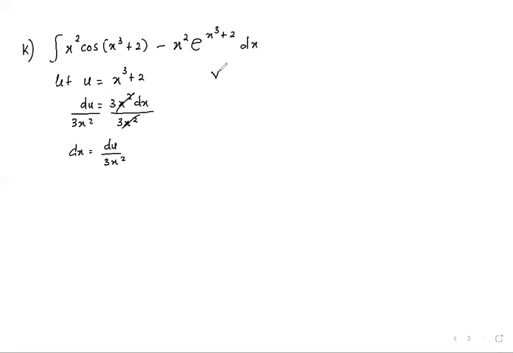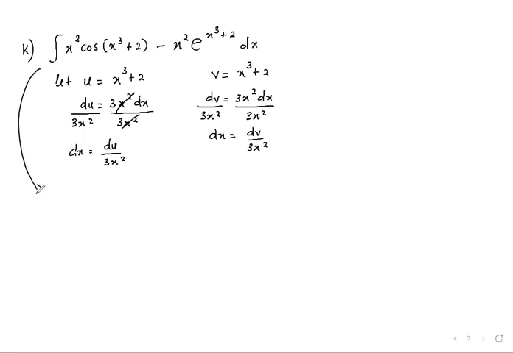Also here, let v be equal to x to the power 3 plus 2. Then differentiate v, you get 3x squared dx. So we have dx is equal to dv over 3x squared.